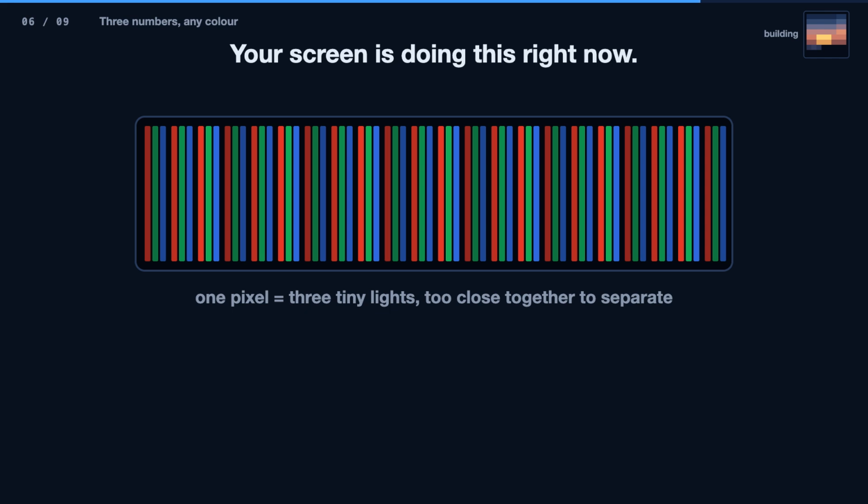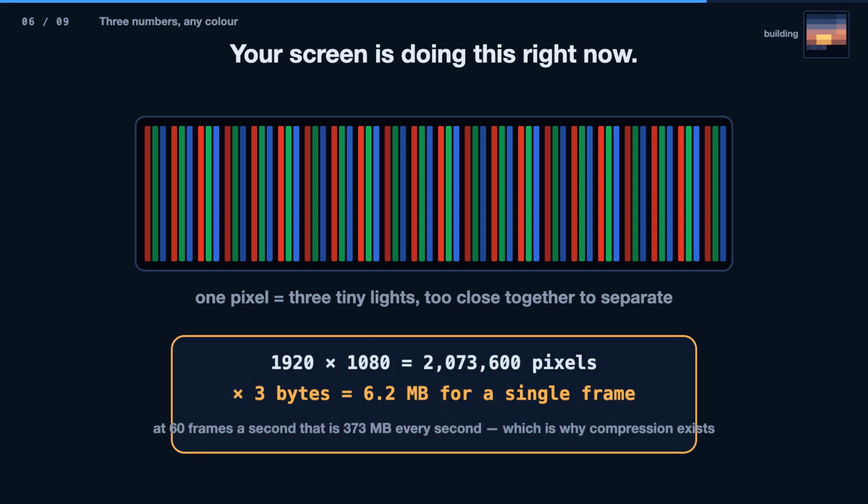Your screen is doing this right now. Every pixel is 3 tiny lights, too close together for your eye to separate. And it is expensive.